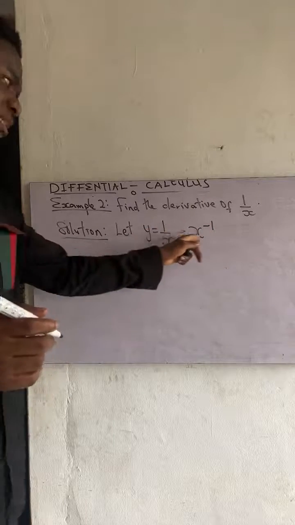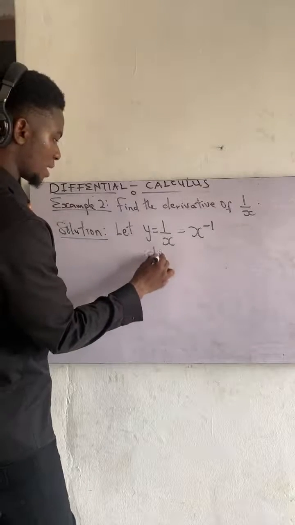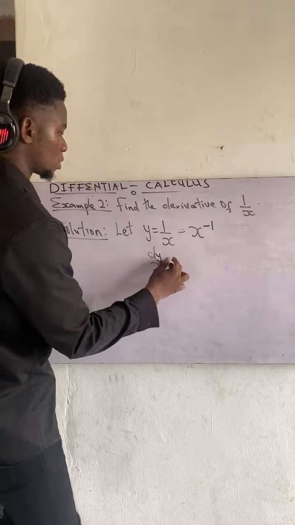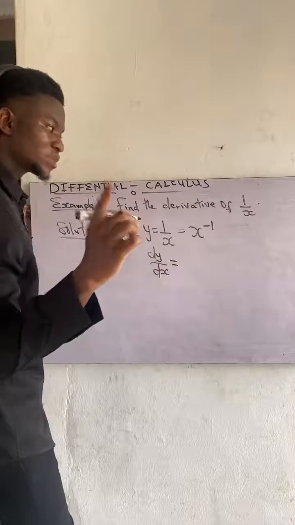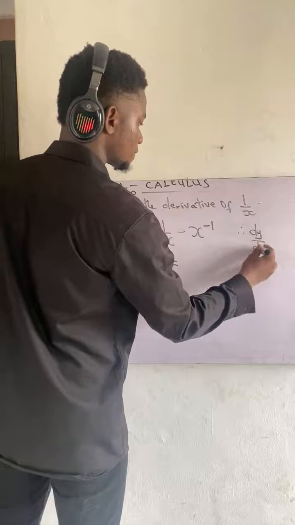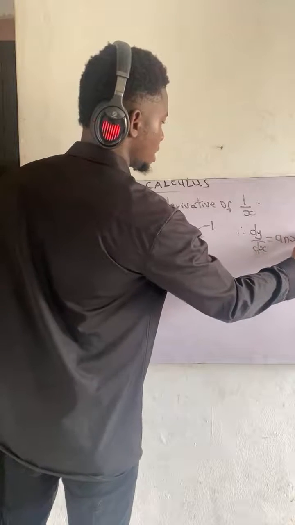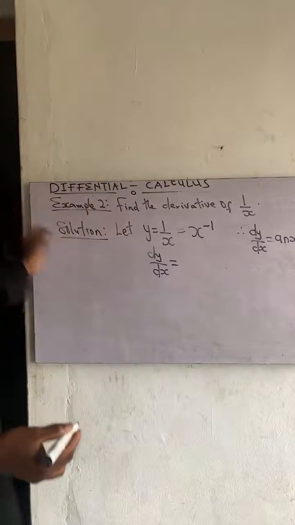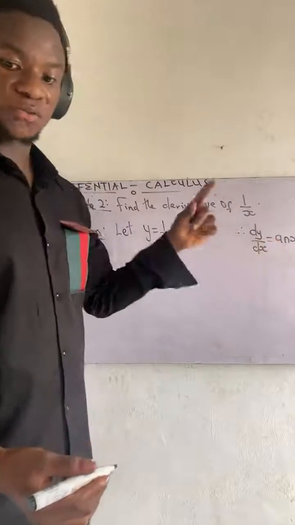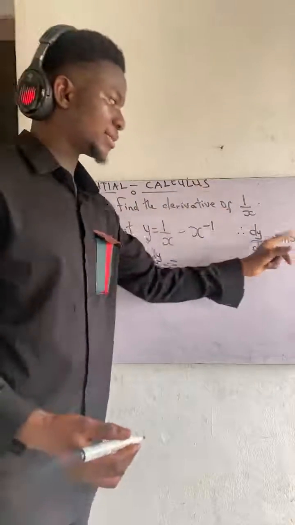Once x is raised to power minus 1, then the derivative that we are looking for, which is dy dx, you will just remember that the general formula for dy dx is anx raised to power n minus 1, where a represents the coefficient of x, n represents the power, and x is still x.